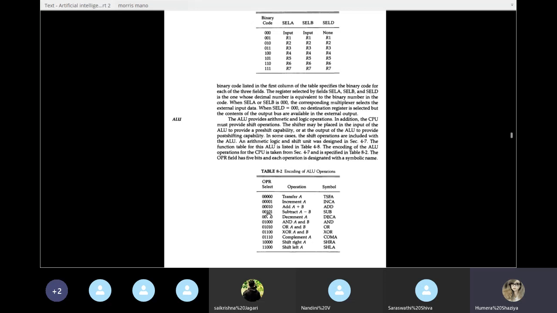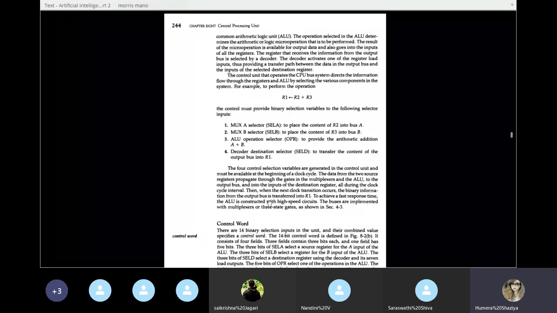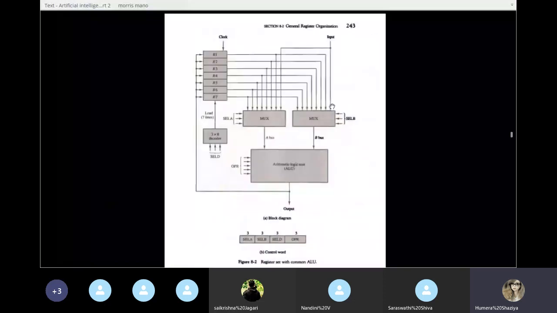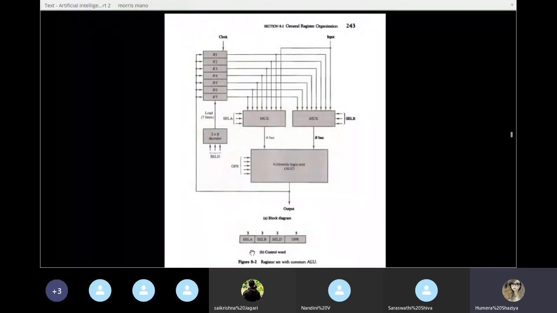So what I want you to tell me is, just try to place these register codes and operation codes for this operation in this format. Can anyone do that? What will be the value of cell A? What will be the value of cell B?